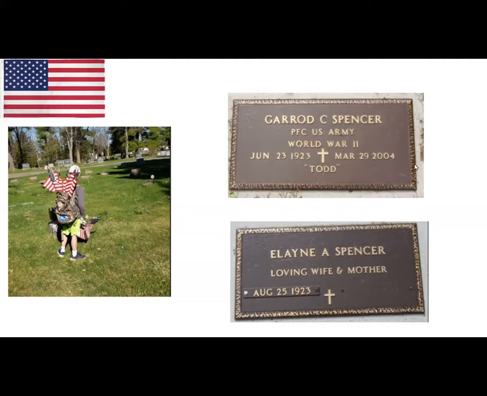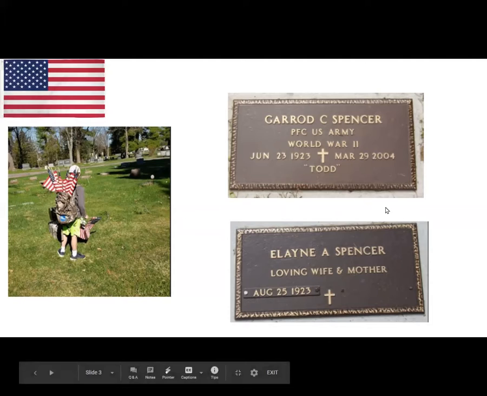Every single veteran's gravestone has a marker like this, so you can tell their rank, what branch of service, and what conflict they served in. And obviously it has their birth date and the date they passed away. Another thing you're going to see is that if the veteran had a spouse, they will also have a marker.